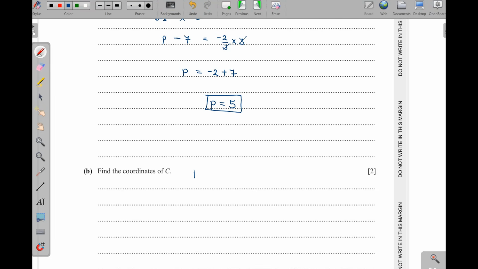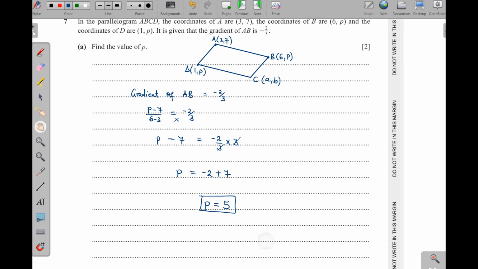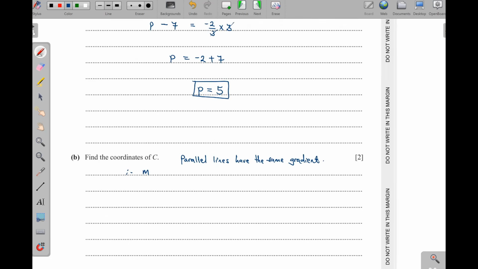So I will say parallel lines have the same gradient. So this therefore implies that the gradient of BC is equal to the gradient of AD.